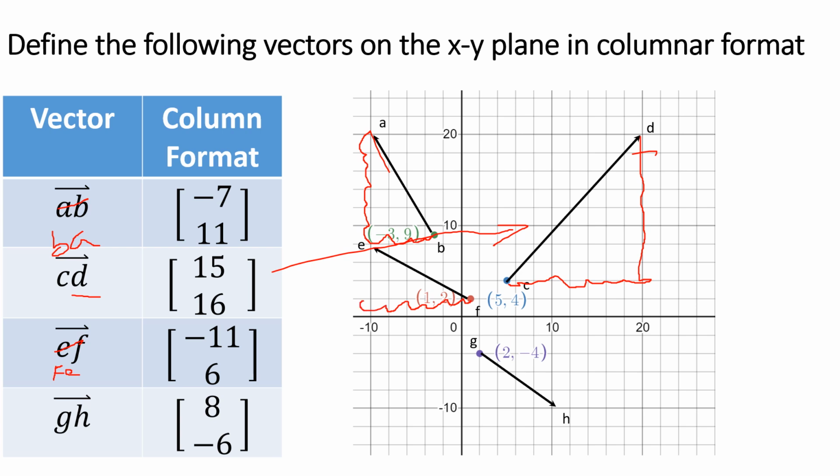And then it's 6, 2, 4, 6 up. So vector FE is negative 11, 6. And then GH ends on H here, so that's the second part. I suppose that's 8, 6. 2, 4, 6, 8. And then it's negative 6, so it'll be 6 down. 2, 4, 6. Yep, that's correct also.